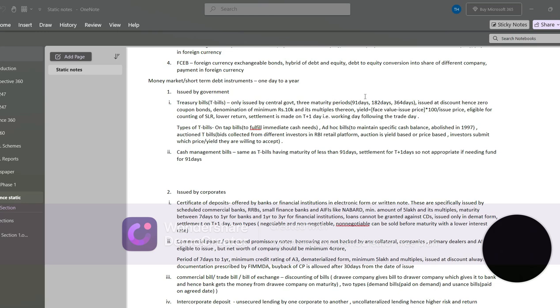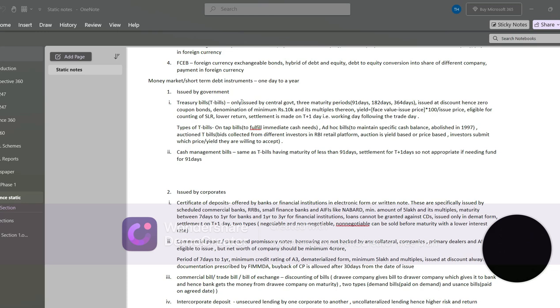And also, T-bills are eligible for counting of SLR, and since they are issued by central government and they are safer, they provide lower return. Settlement of the T-bill is made on T plus 1 day, where T is the trade day and plus one being the working day right after the trade day.